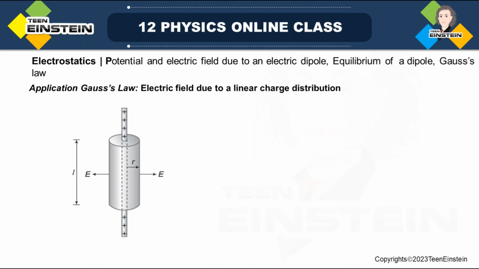Now we'll see the application of Gauss's law for linear charge distribution. A linear charge distribution has a charge density, lambda. Lambda is coulomb per meter, which means charge per unit length: total charge by total length.